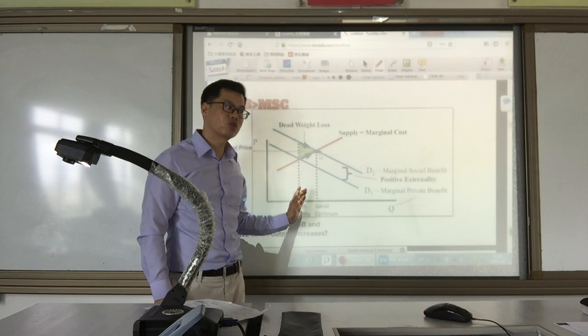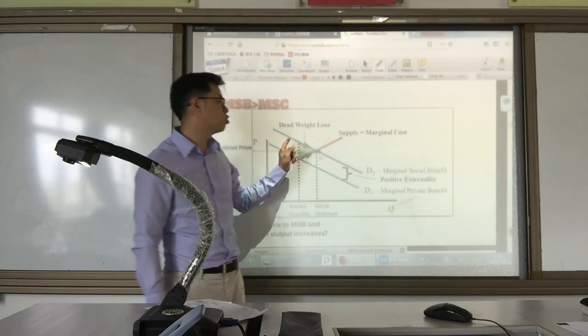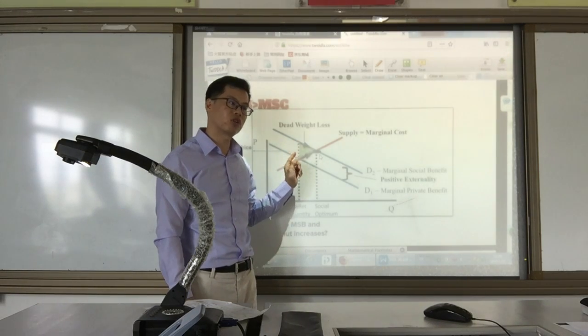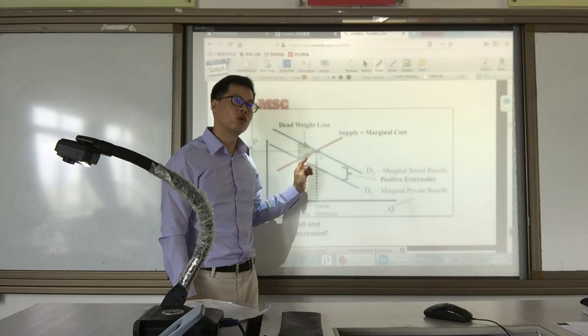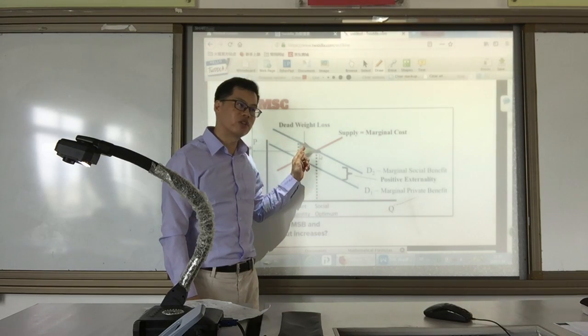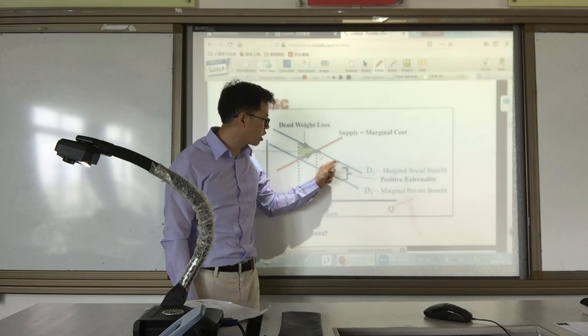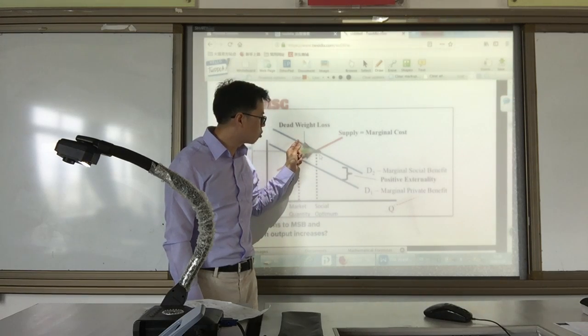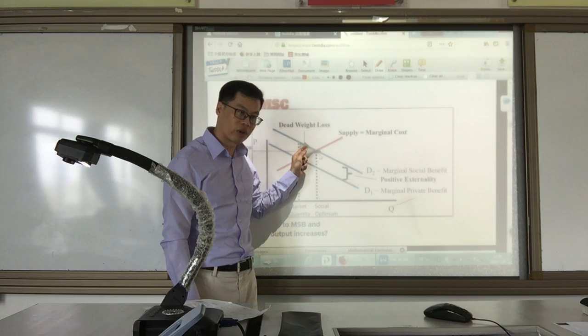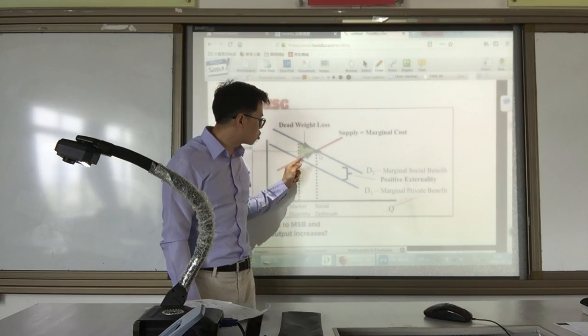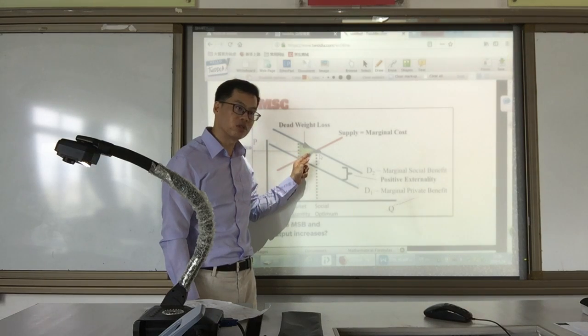And as you produce more, what would happen to your marginal social benefits and your marginal social costs? Well, your marginal social benefits will move along this blue line here, so your marginal social benefit will decrease as your marginal social cost increases.